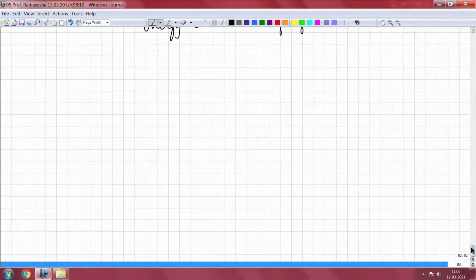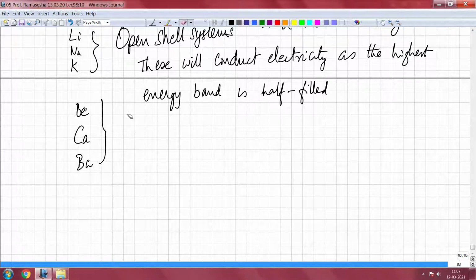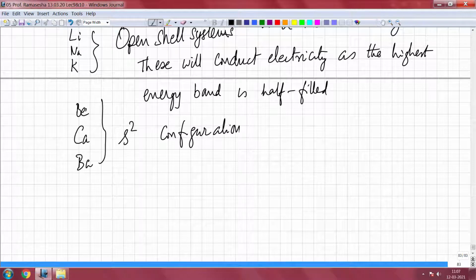Now how does one explain the metallicity of things like calcium, barium, and beryllium, and so on and so forth. So these are all closed shell configurations, and they correspond to the nS2 configuration.